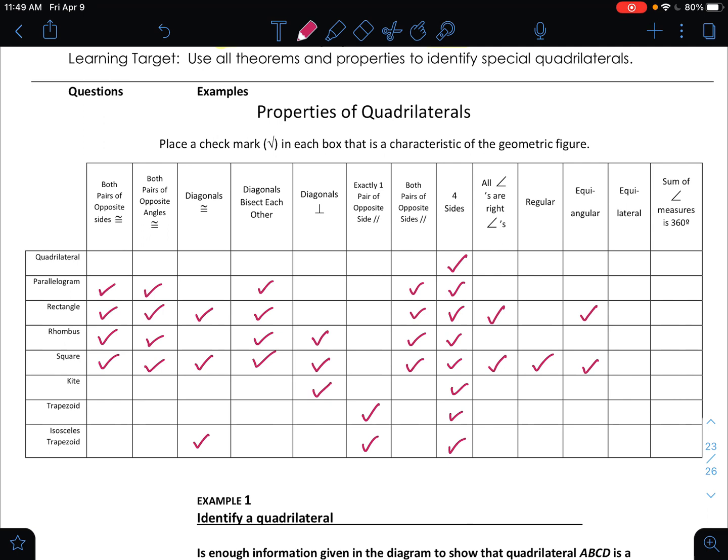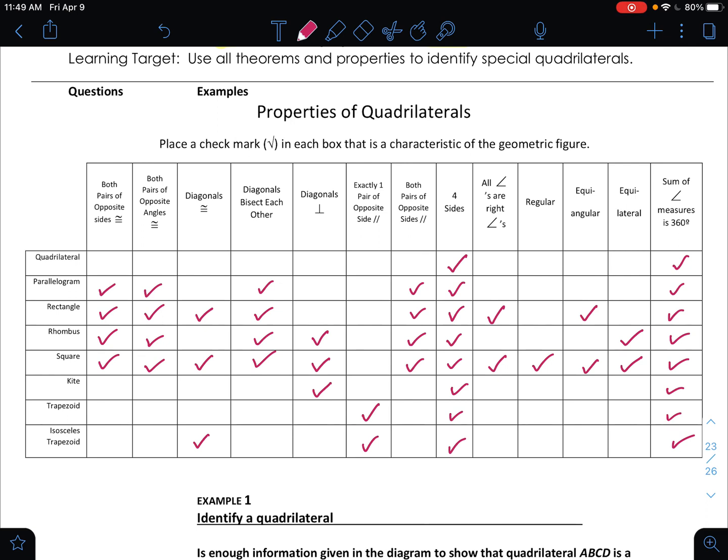Equilateral. Which ones have sides that are the same? So rhombus, that's your definition of rhombus. Also squares. But that, I believe, is it. Sum of angle measures is 360 degrees. Well, that applies to quadrilaterals, and these are all quadrilaterals, so this whole column is going to be checked.